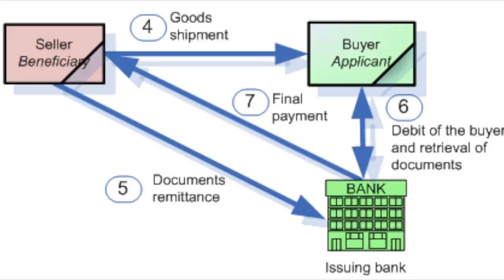The recipient sends the goods and prepares the documents as instructed by the letter of credit. The beneficiary sends the documents to the issuing bank, who verifies them. The issuing bank in return debits the buyer of the amount of the letter of credit and provides him the documents. The client can then take possession of the goods. In the end, the bank pays the seller.